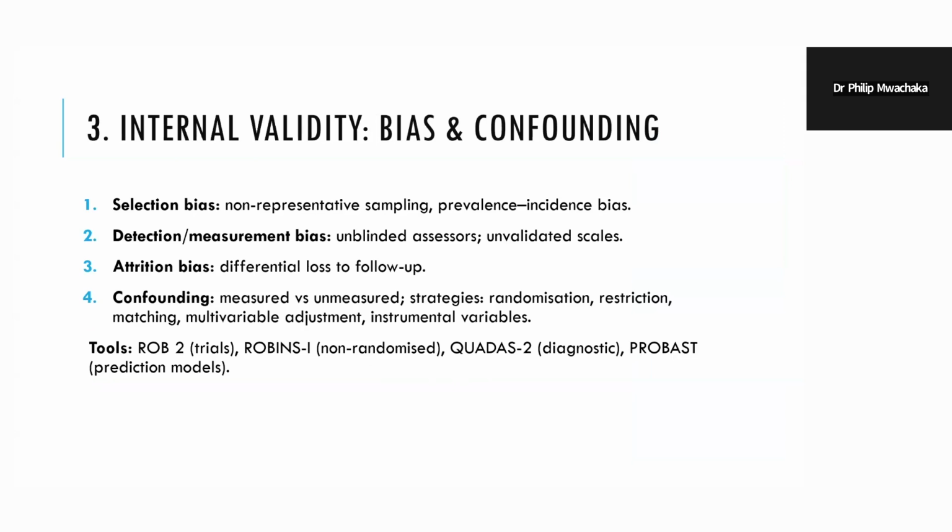Internal validity. So this basically includes bias and confounding. You can have some bias, and bias can come in several ways. I'm sure most of you are aware of bias. You could have selection bias. For example, when you are selecting your patients, you select a patient profile that will have better outcomes in the intervention compared to maybe the standard of care.